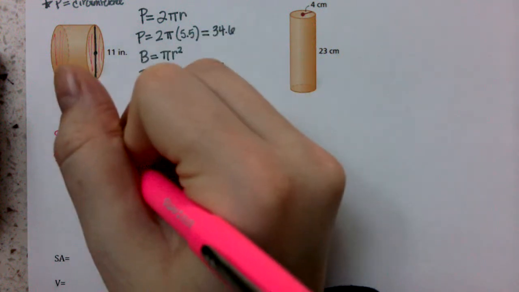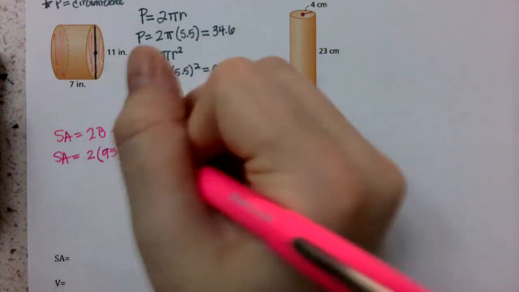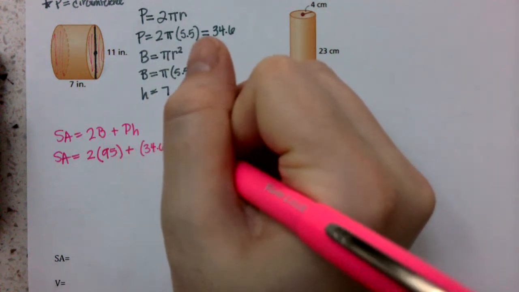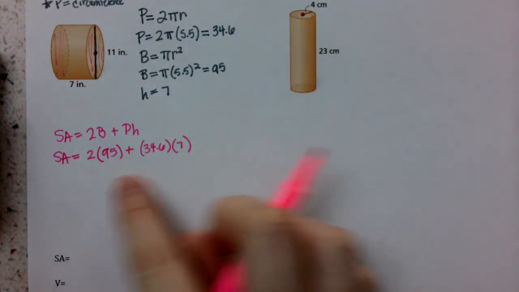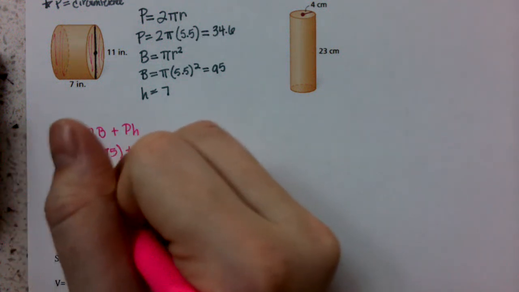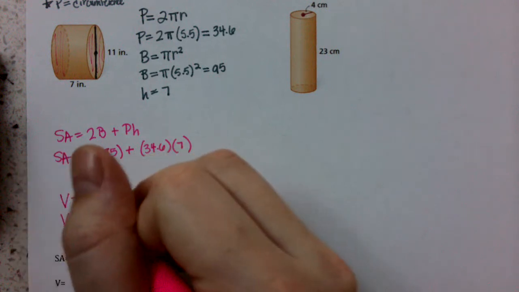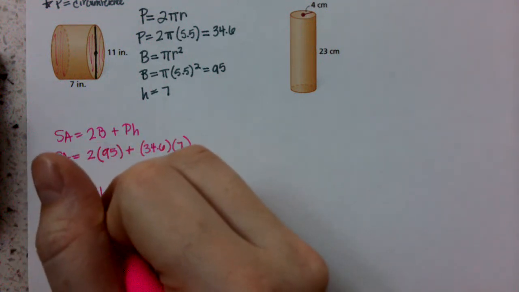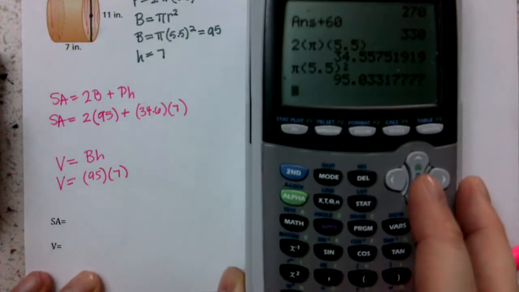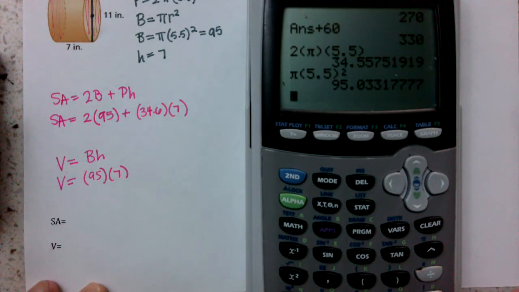Set up like this. And we can type that in and see what we get. And then volume would be set up base times height. So we have 95 times 7. So I'm going to type those both in the calculator really quickly so I don't run out of time.